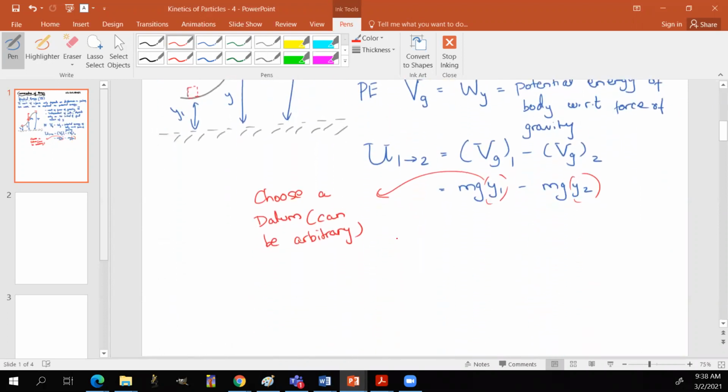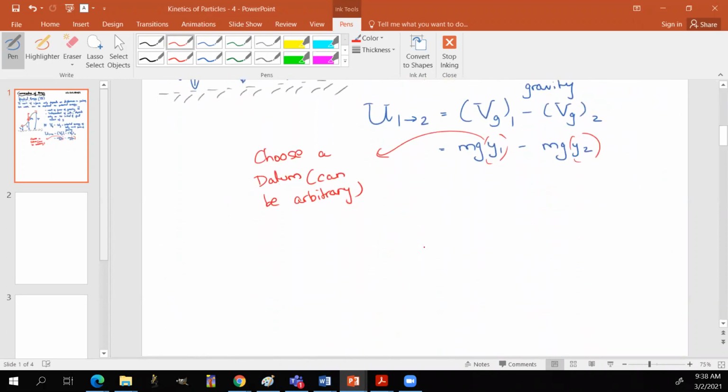If you want to look at stuff which is far away from the surface of the Earth, you start looking at space bodies, right? So you have the potential energy for space bodies, and that again, when you're talking about space, is due to gravity, right?